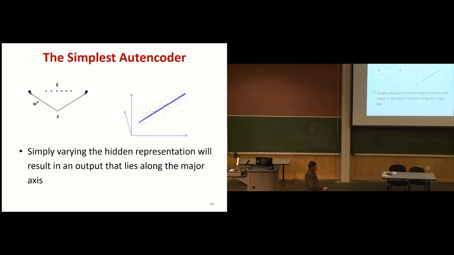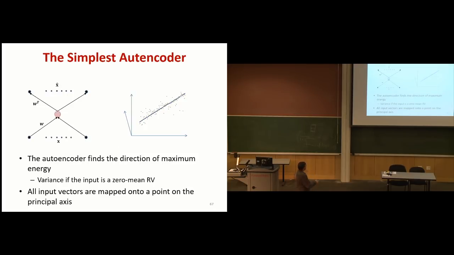If I varied z from minus infinity to infinity, the output is always going to lie on the blue line, no matter what the value of z is. This in turn means that regardless of where the input was, the input can be any of these dots, the output is always going to lie on the same line, because the output is always going to be some scaling of this weight vector W.